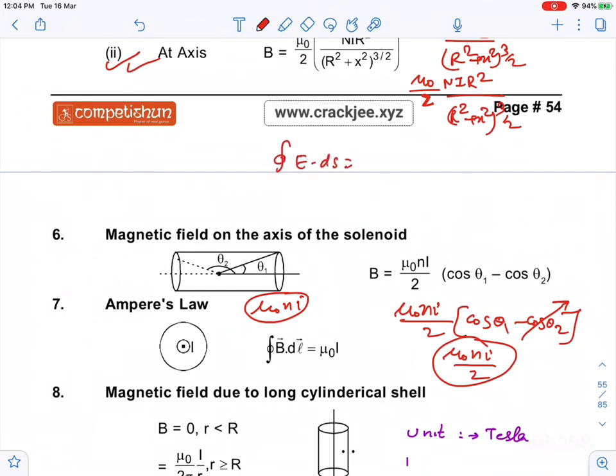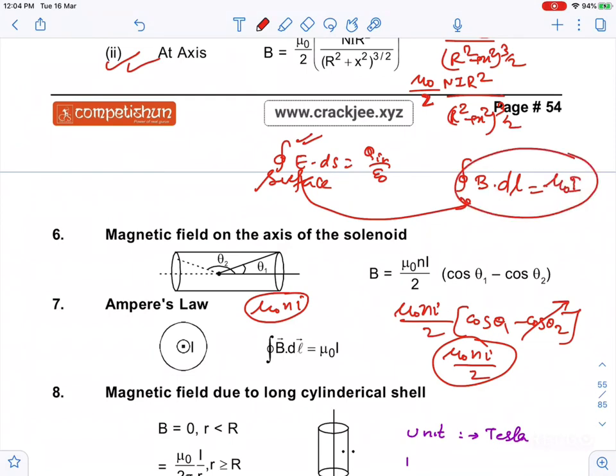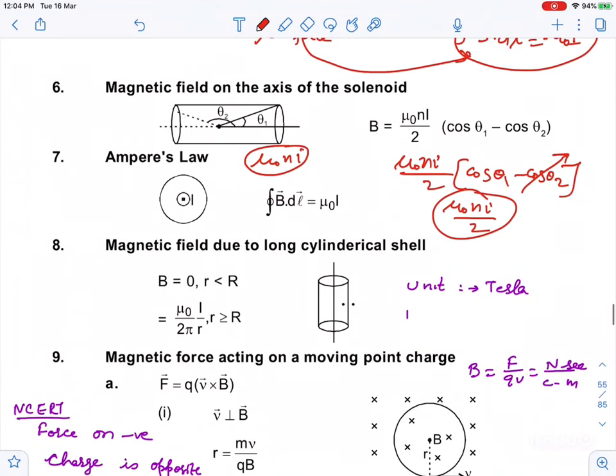Okay, now Ampere's law is the same as Gauss law. Integration of E dot ds is equal to q in by epsilon naught, as we have written there. So integration of B dot dl in place of E, and this is a line integral, whereas that is a surface integral, guys. This is equal to mu naught into I. This is also the same application as Gauss law we have seen.